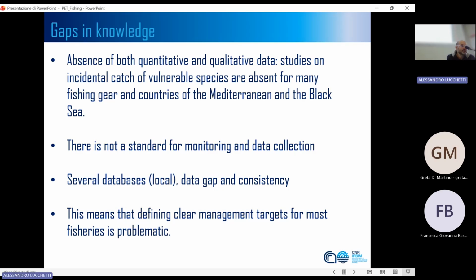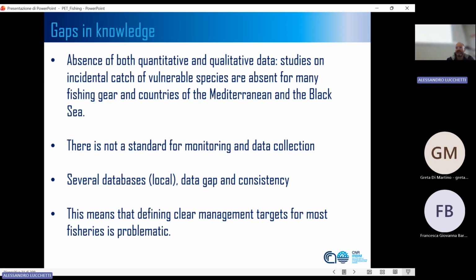The gaps in knowledge. This is a key point. In the last few weeks, just to let you know, we have been working to face an infringement procedure from the EU Commission against Italy and other member states, mainly for the gaps of knowledge on bycatch.